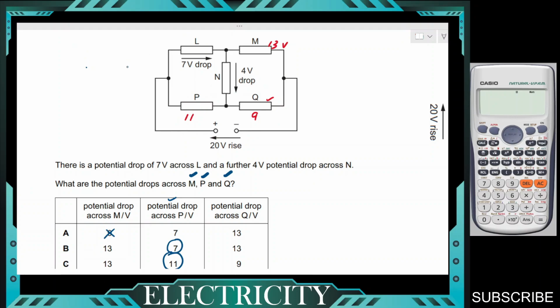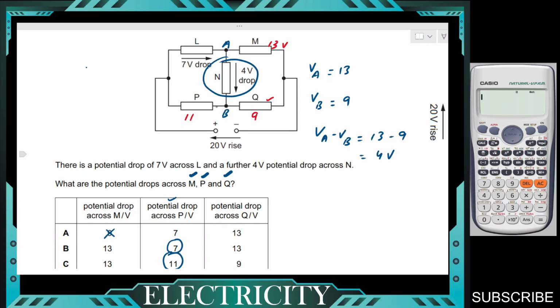If this is a point A and this is a point B, the potential at point A would be 13. The potential at point B would be 9. Then the difference of these two has to be 4. So if I subtract these two, simply write the bigger voltage first and then the smaller one. Only then we get 4 volts as a potential drop between these two.